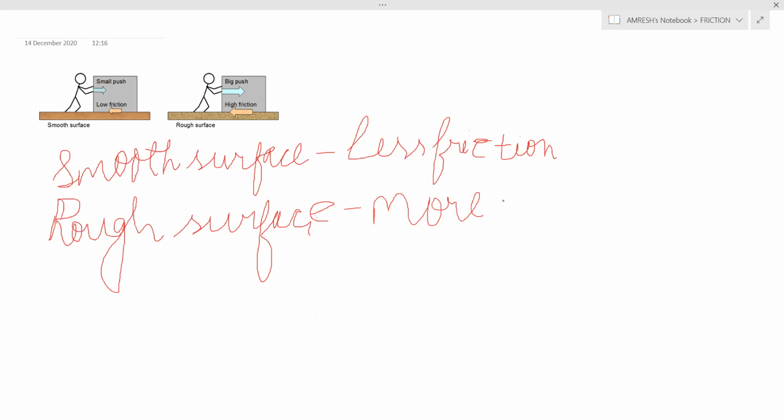Smooth surface has less friction, and rough surface has more friction.